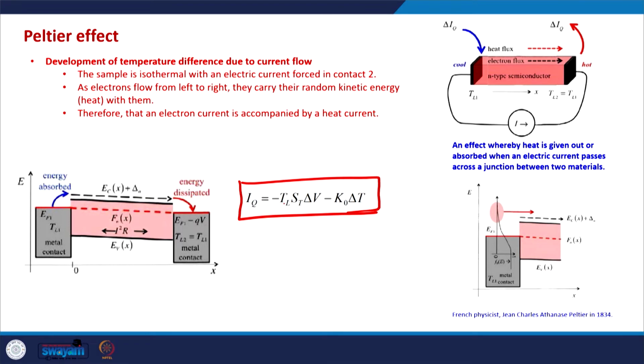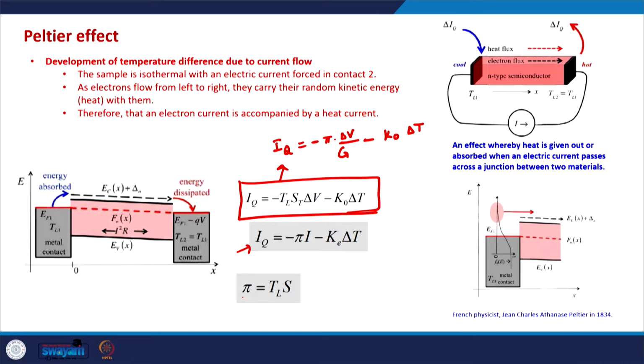IQ is minus TL ST times delta V minus K naught times delta T, and this is rewritten as IQ is minus pi times delta V by G minus K naught delta T. Delta V by G is the charge current in the system because of the applied voltage. So this becomes I, so that's why we can write it like this.